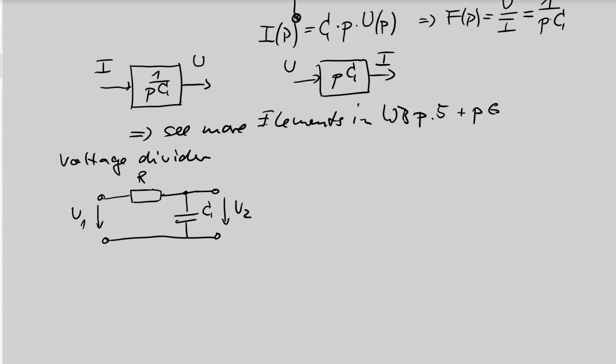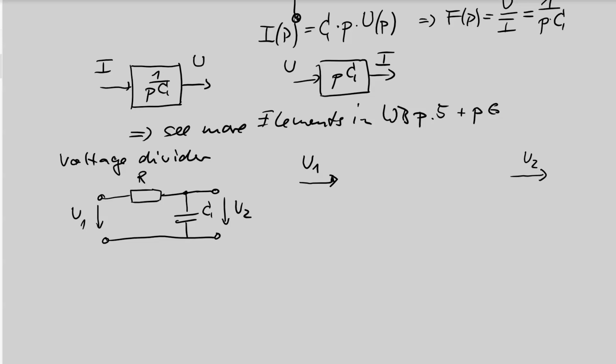First, if we draw a signal block diagram, we have to define input and output physical values. In drawing a signal block diagram, we would like to have the input on the left side showing to the right side, and the output U2 on the right side also showing to the right side.